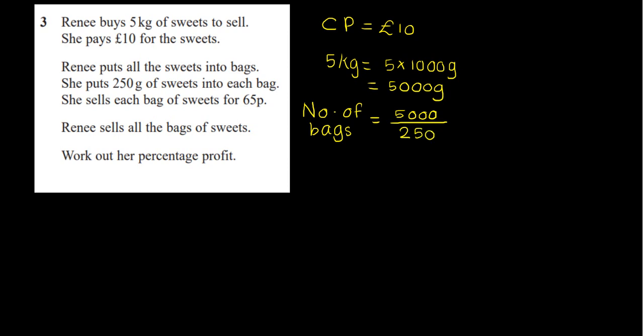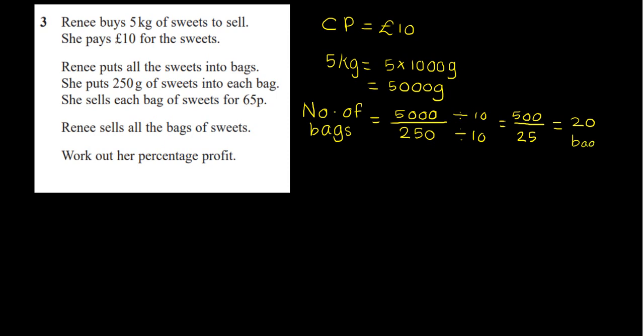What I could do is divide both by 10, numerator and denominator. So that would be 500 divided by 25. Now I know that 25 times 2 is 50, so 25 times 20 would be 500. So 500 divided by 25 is 20. So that's 20 bags Renee has used.